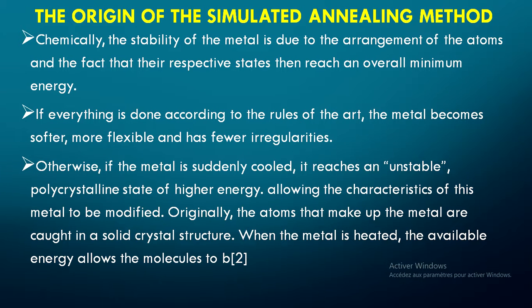So, chemically, the stability of the metal is due to the arrangement of the atoms and the fact that their respective states then reach an overall minimum energy. If everything is done according to the rules of the art, the metal becomes softer, more flexible, and has fewer irregularities.